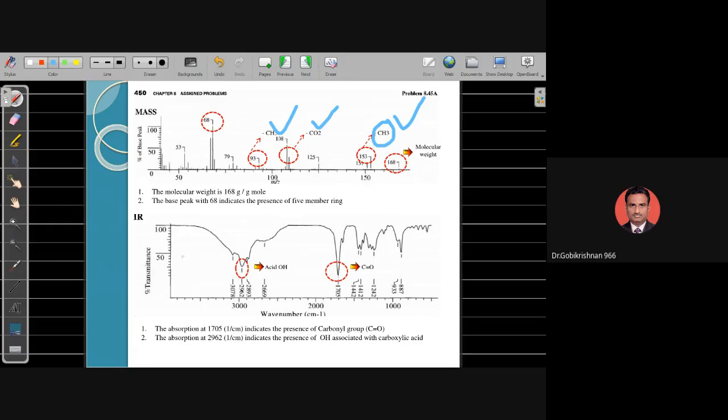If you check the IR spectrum, the absorbance around 3000 wave number indicates the presence of an acid, and the C=O, that is the carbonyl group, can be identified with the absorption at 1700 or 1750 in that range. Therefore, the molecular weight is 168, and it contains an acid, and the C=O group is also there.